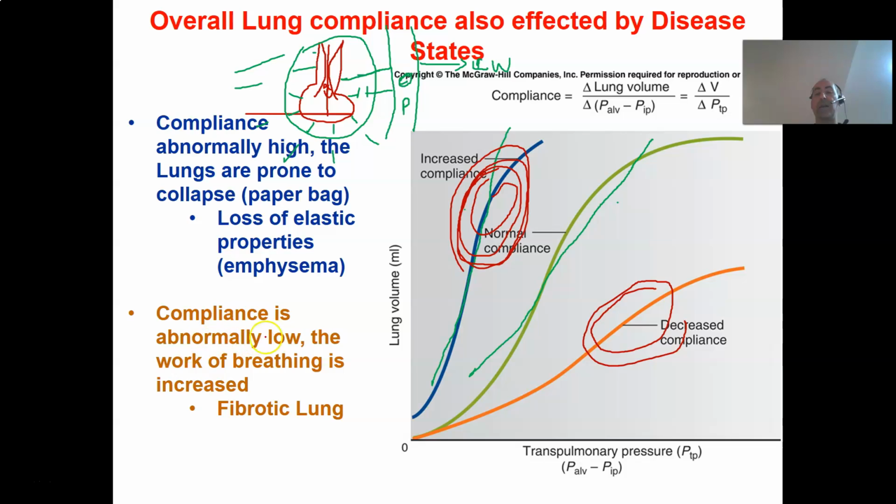Compliance is abnormally low. The work of breathing is increased, fibrotic lung. So when your compliance is extremely low, imagine a coal miner's lung, black lung. The tissues, let me erase some of this stuff.